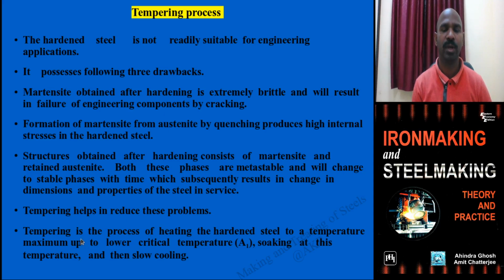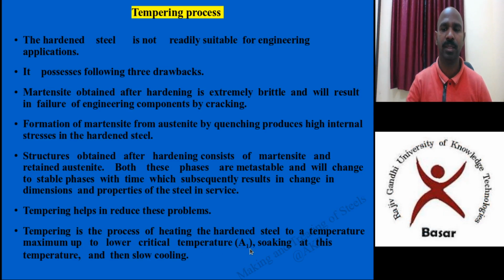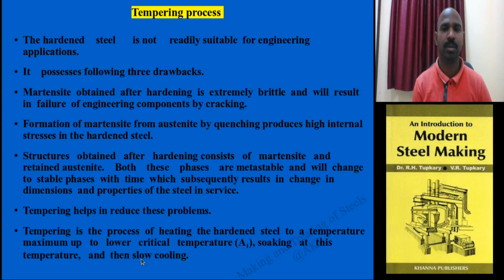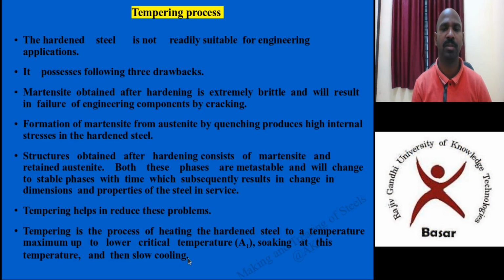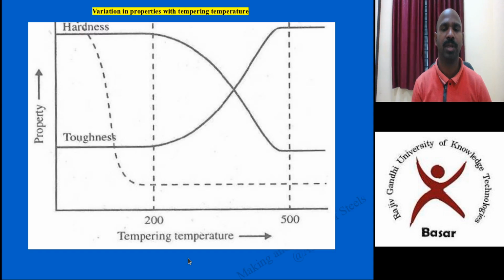Tempering is the process of heating the hardened steel to a temperature of maximum up to A1, soaking for around 1 hour and cooling in air. That is slow cooling. Slow cooling you can mainly achieve in the furnace, so slow cooling was done in the furnace. That is the tempering process.